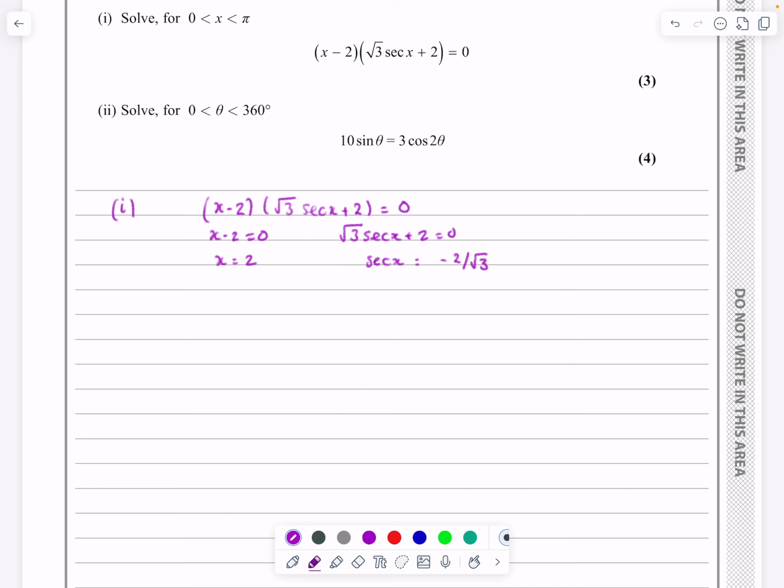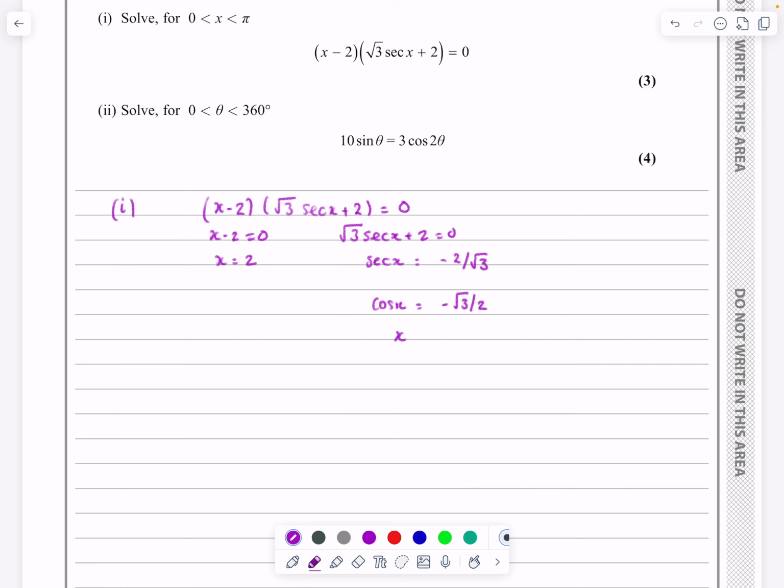But that's sec, and what we need to remember is that sec is 1 over cos. So cos x from that would be the reciprocal, root 3 over 2, which is going to give me minus root 3 over 2.